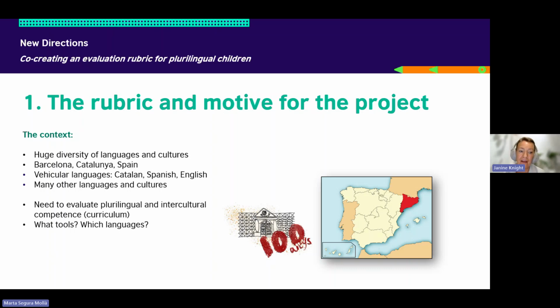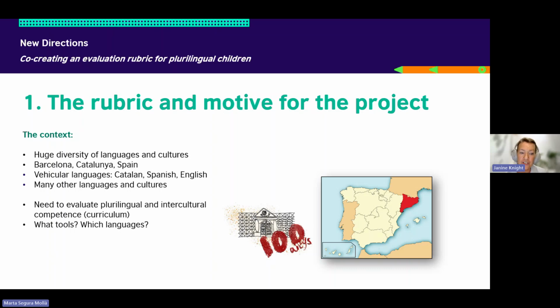But there are many other languages and cultures that are also present in the school due to the huge range of languages that children understand and speak. Also, in the Catalan state schools, teachers have to evaluate children's plurilingual and intercultural competence as part of the curriculum.